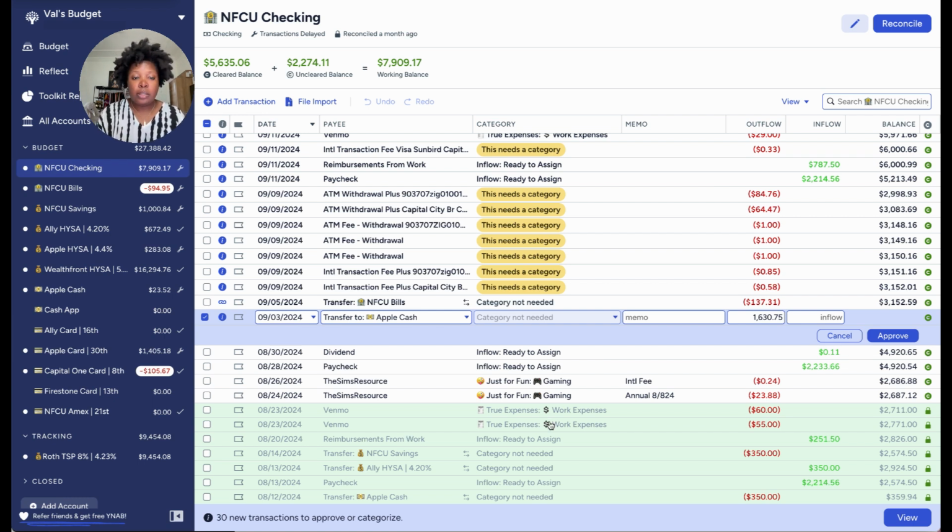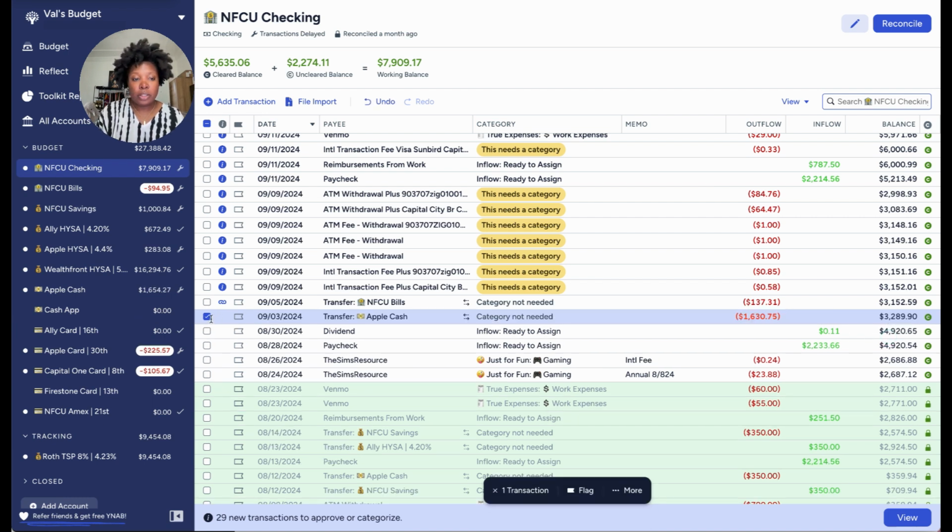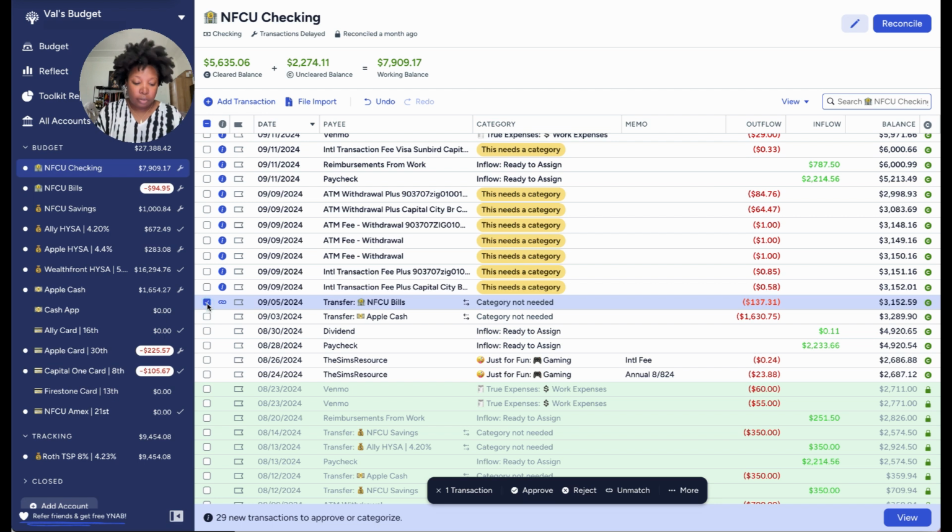So instead, I always transfer the money from my checking account to my Apple Cash, which is instant, and then from my Apple Cash to my Apple Card, which is also instant. So let's change that.